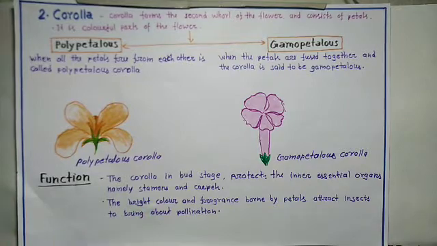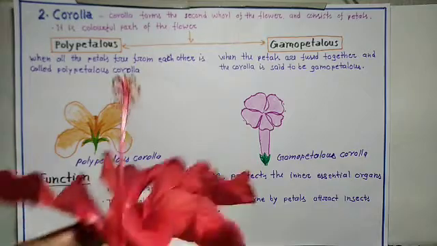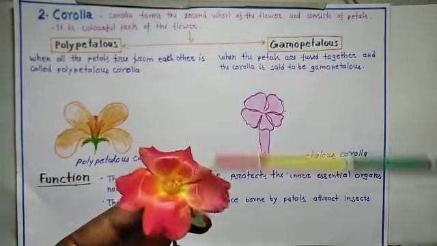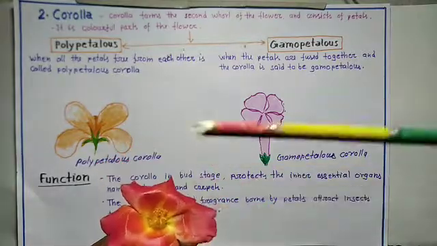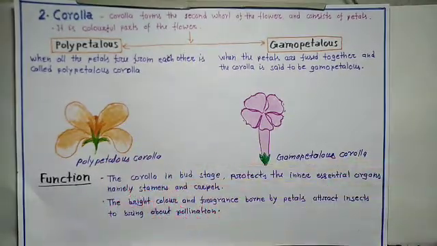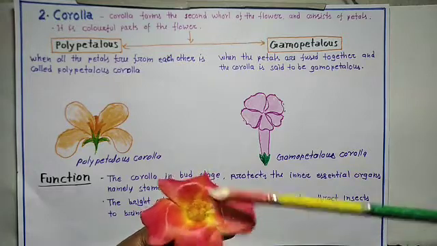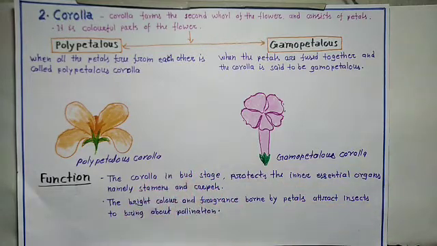Now, the bright color and fragrance borne by petals attract insects to bring about pollination. This is colorful, so it attracts the insect for pollination. It is the main function of corolla.